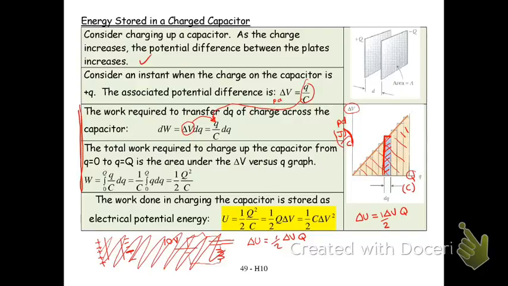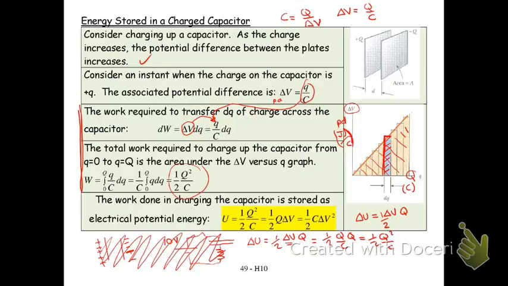I also know really well that C is equal to Q over delta V. So delta V equals Q over C. Agreed? Substitute for delta V here. This gets me a half Q over C times Q, which equals 1/2 Q squared over C, that equation that we had there.